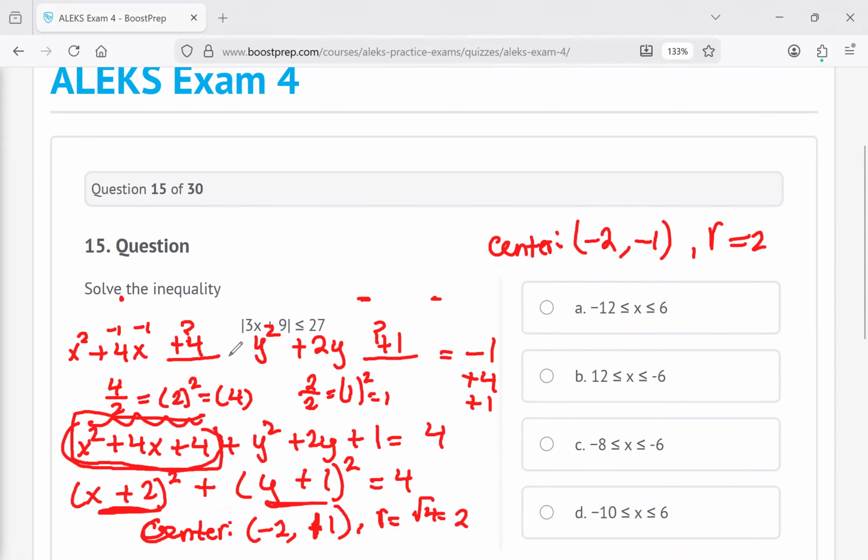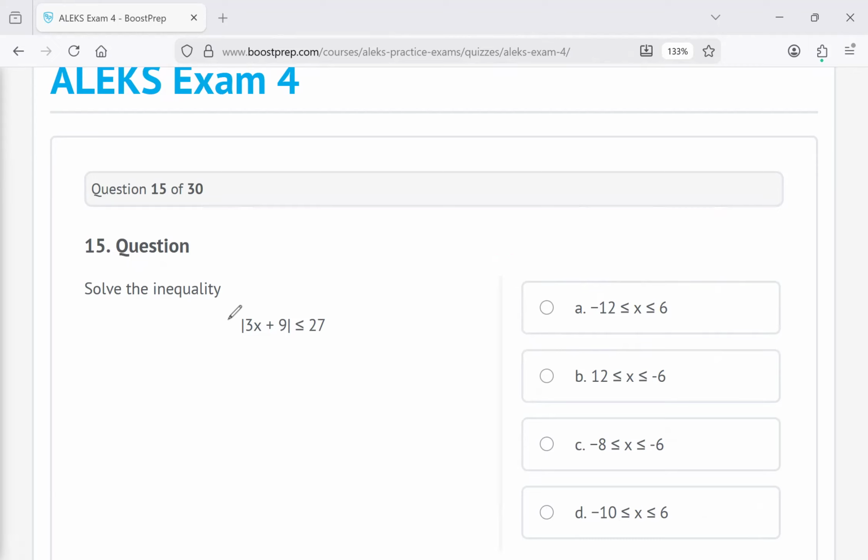Okay, 15, solve the inequality. When you're dealing with absolute value inequalities, there are a few things that you must do or check. You're going to set up two inequalities, but first, before we do that, make sure there's nothing near the absolute value.